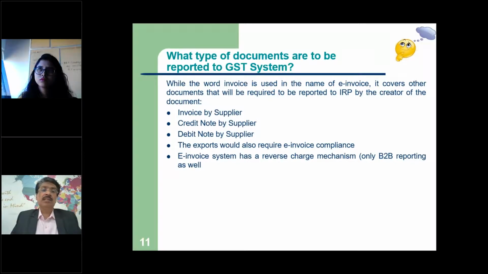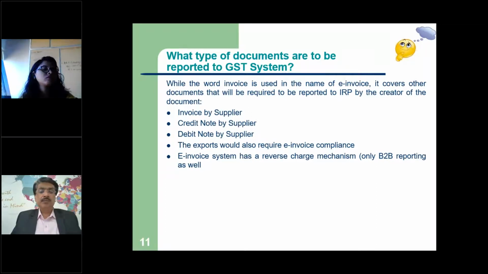For example, a GTA, or we can take the example of sponsor, because GTAs are anyways going to get exempted as per the 39th GST Council meeting decision. But we can take the example of sponsorship. Say in case of sponsorship, the tax is payable on reverse charge basis.